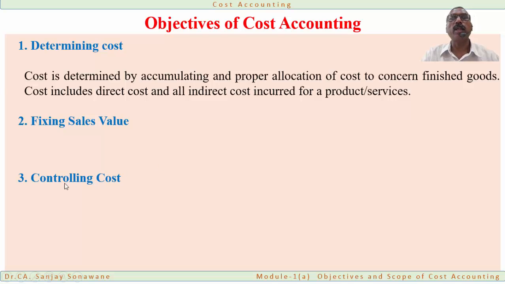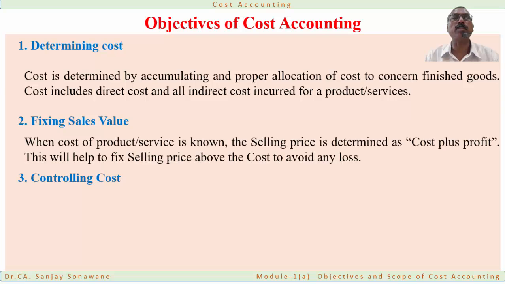Now basically there are two types of cost. One is direct cost, another is indirect cost. So we are going to study this in detail, but the ultimate objective is to find out the cost, whether incurred directly or indirectly, for the purpose of manufacturing a product or rendering a service.